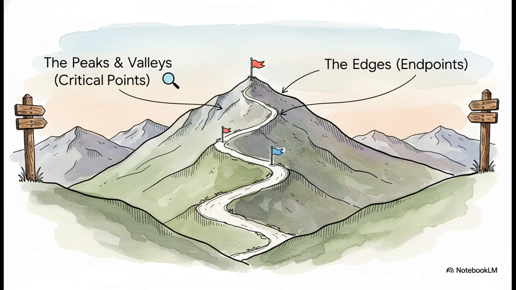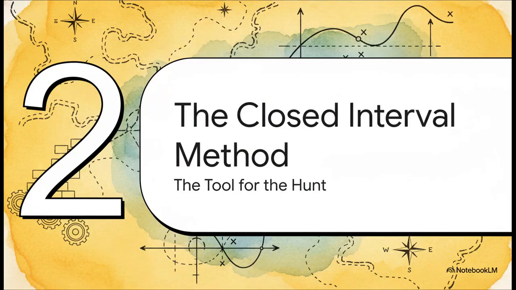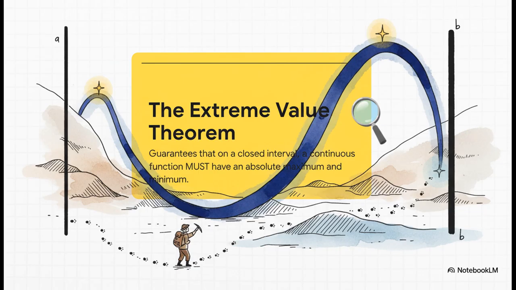So this treasure map of ours, it has an official name. It's called the closed interval method. And let me be clear, this isn't guesswork. It's a systematic, step-by-step procedure that guarantees we will find the absolute max and min every single time, as long as our function is continuous, of course. Now, you might be wondering, how can we be so confident?